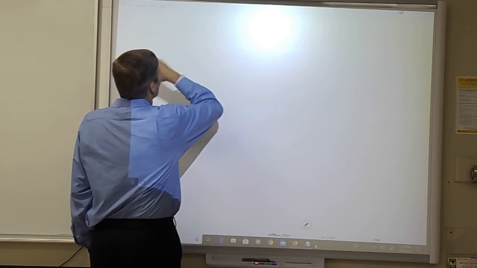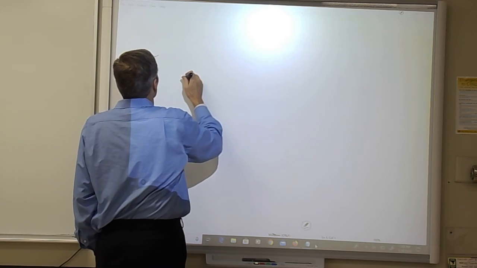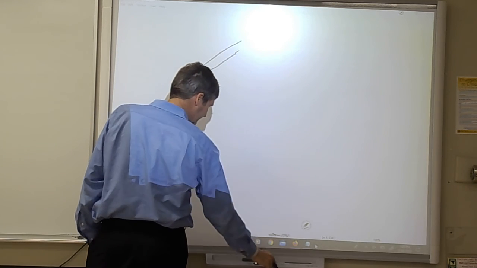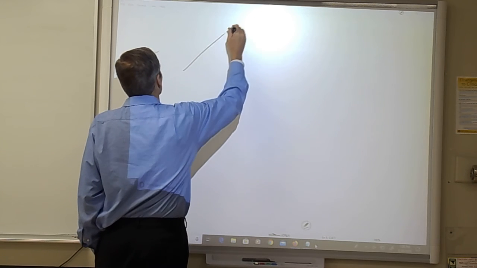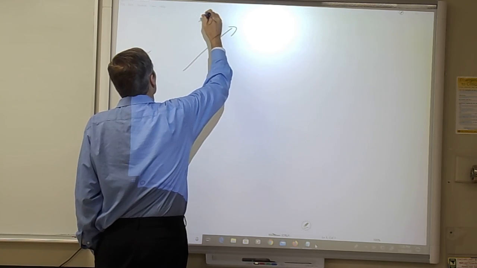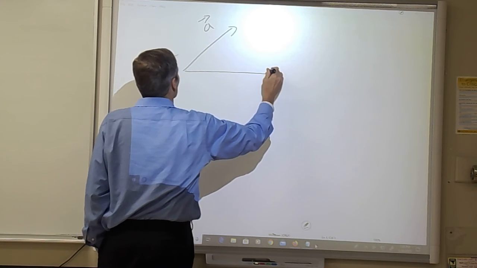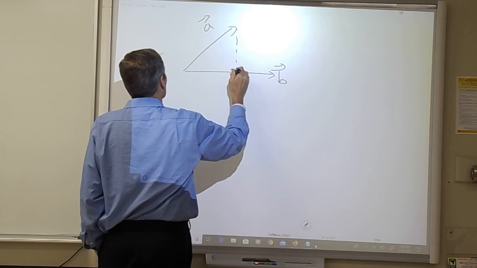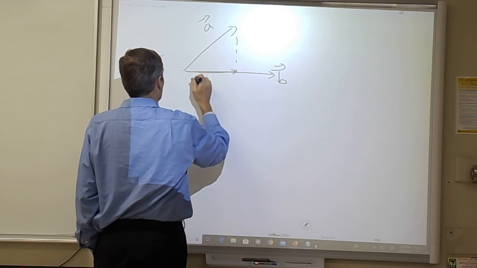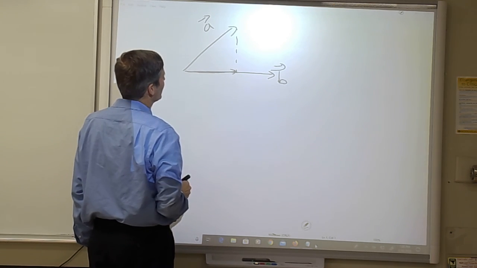All right. So suppose I have this vector A, and I want to do its projection onto vector B. I want this vector to be the projection of A onto B. What do I do?